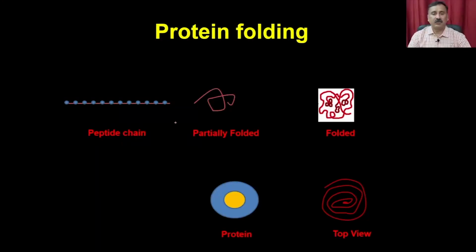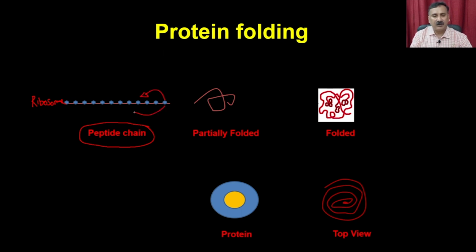You know that proteins are produced from the ribosome. Imagine a ribosome on this side, and from this side the protein chain comes out in the form of a peptide chain. Once the peptide chain comes out from the ribosome, it gets folded according to the interaction between the different types of amino acids.